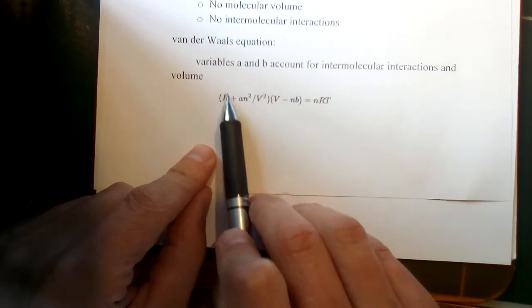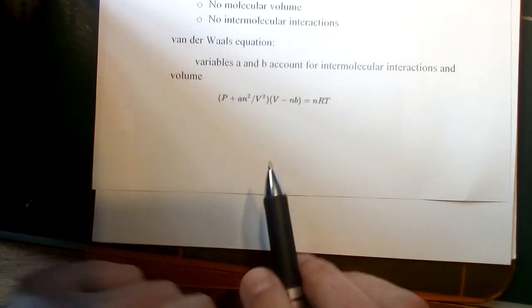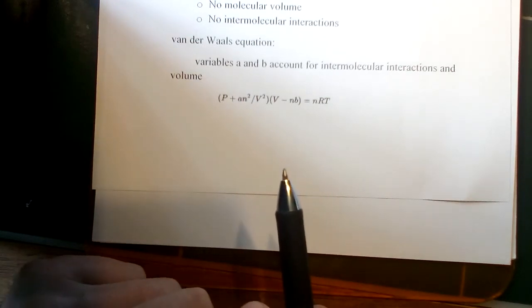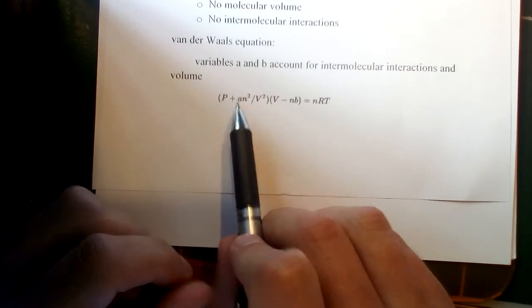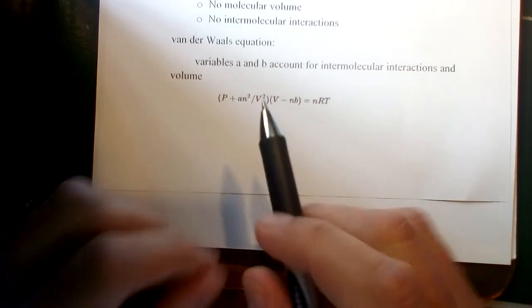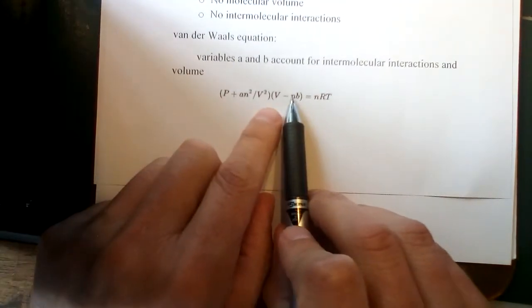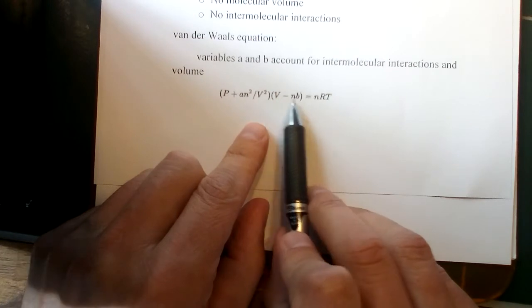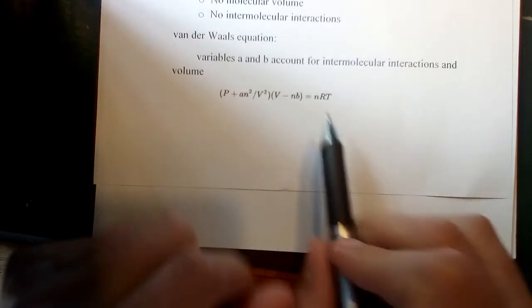The pressure, though, is being adapted by this variable A to account for the intermolecular interactions of the gas. So if the gases are attracted to each other, they may be making a little bit less pressure. If they're repelled a little more by each other, they may be making a little more pressure. We can also adjust the volume of the gas by how much space the gas might be occupying.